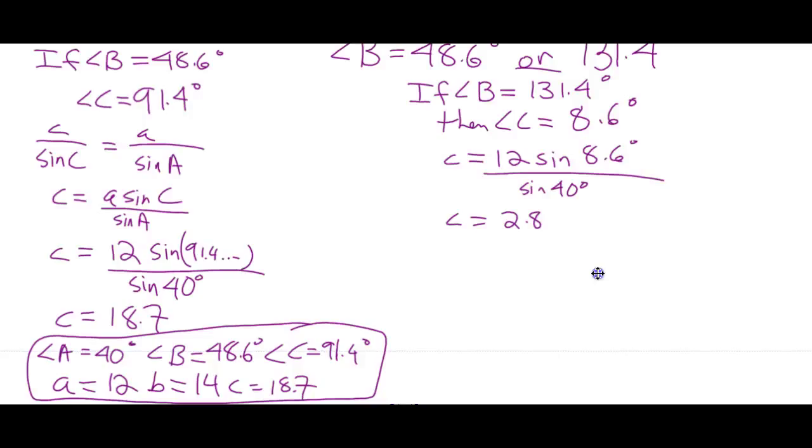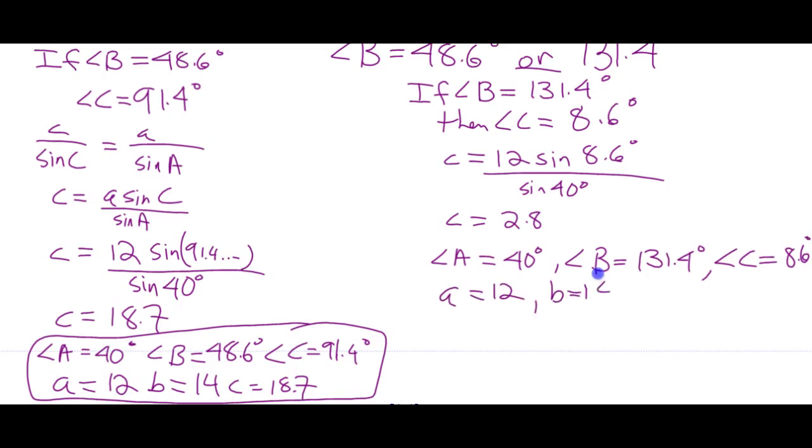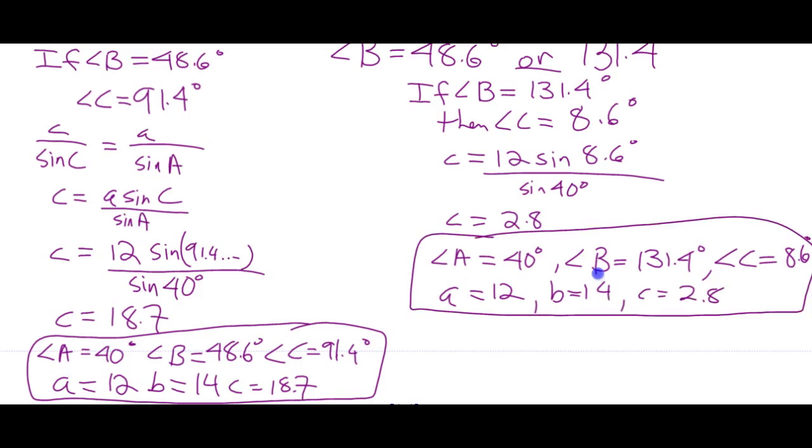So we go down here and we now summarize. Angle A is 40 degrees, angle B is 131.4 degrees, angle C is 8.6 degrees, little a is 12, little b is 14, and little c is 2.8. So there are two possible triangles.